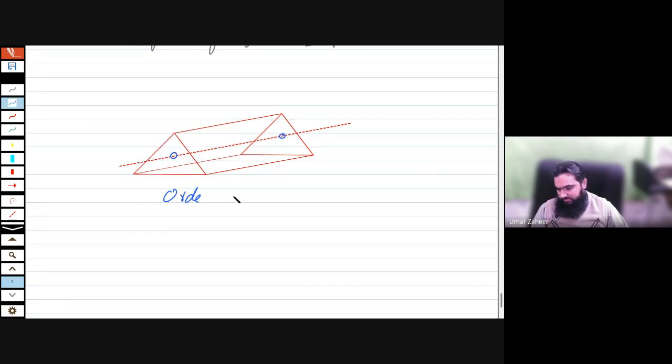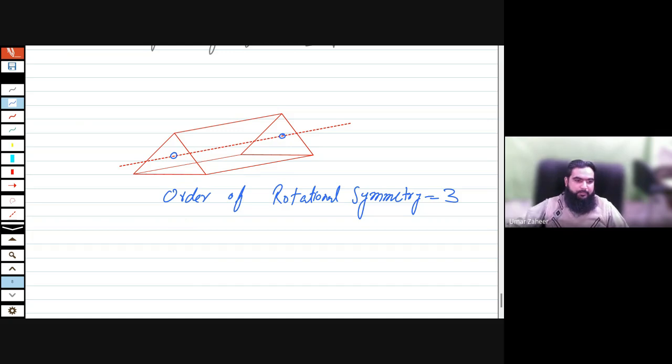Order of rotational symmetry will be equal to 3.